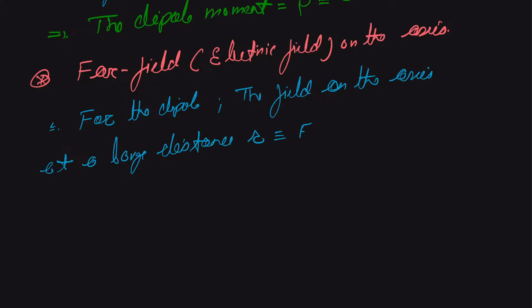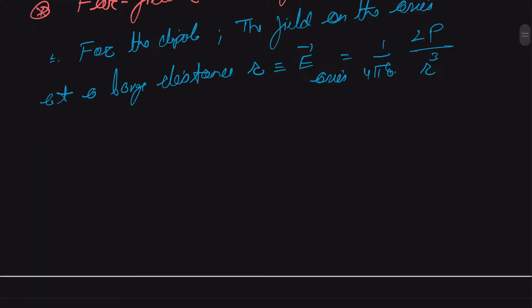And we can write this as: electric field on the axis will be equal to 1 upon 4 pi epsilon naught, twice the dipole moment, and the distance cube. We can easily substitute the value of P, so we get the electric field at a point r, at a distance r, will be equal to 1 upon 4 pi epsilon naught, and twice the dipole moment comes as sigma pi r square L upon r cube.